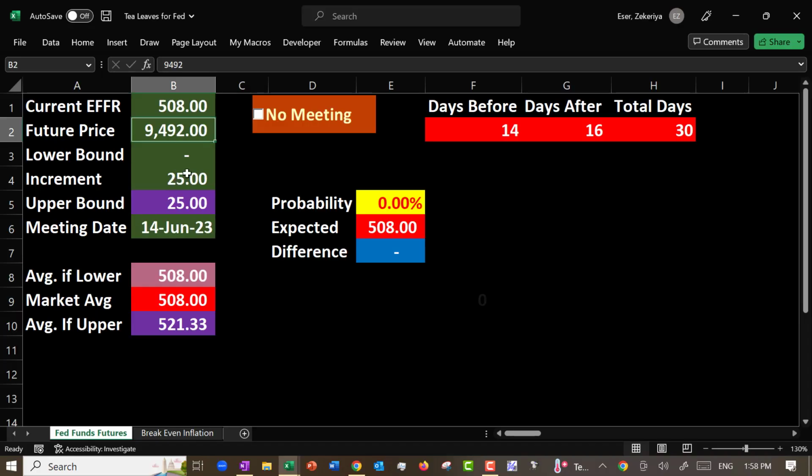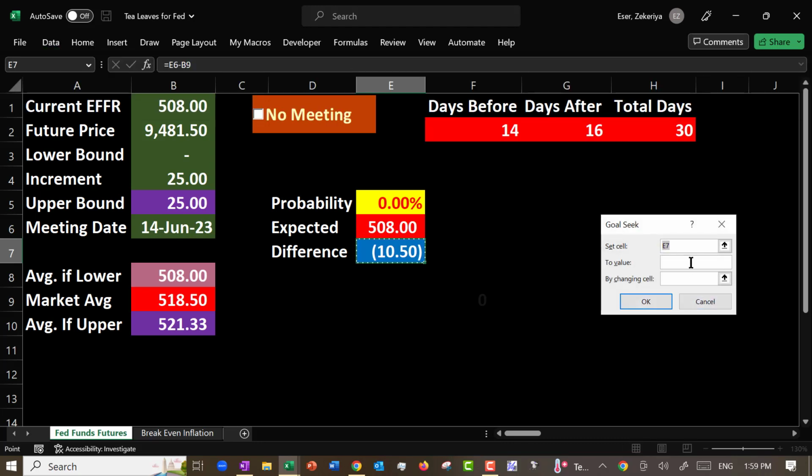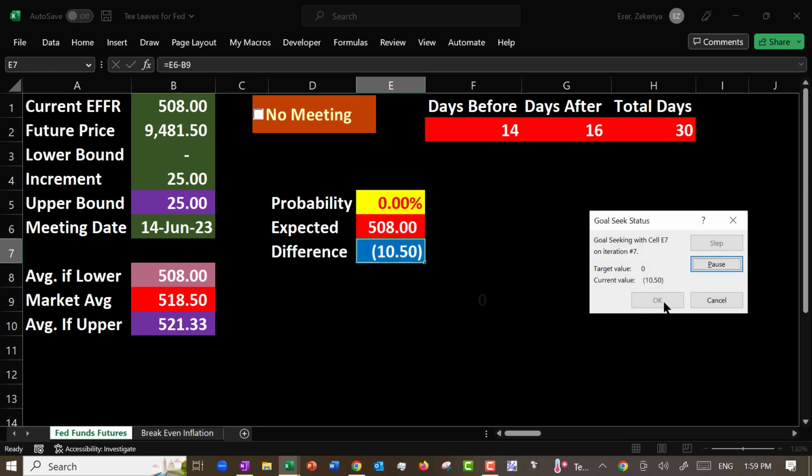Okay, it's going to be either 0 or 25 in June, assuming that there has been already 50 basis points. Okay, I couldn't find it.